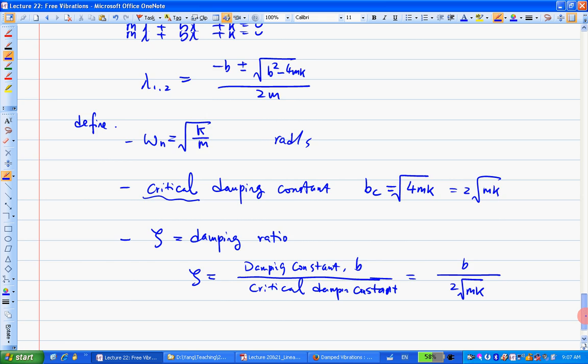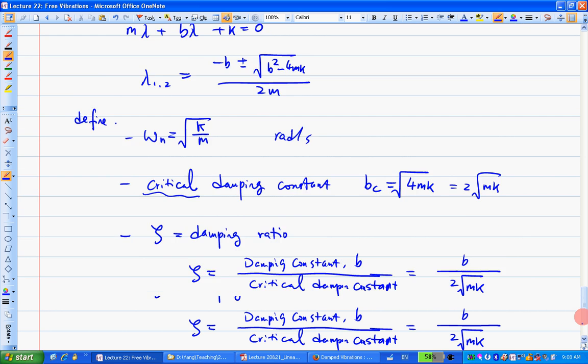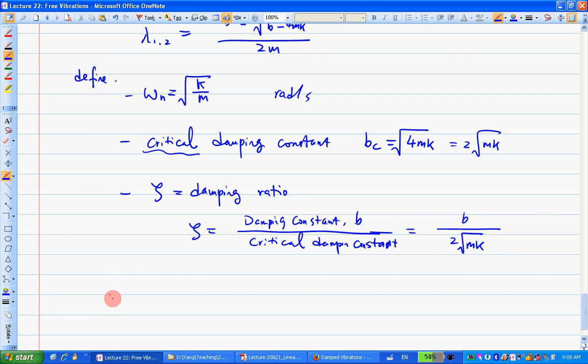Instead of writing m lambda squared plus b lambda plus k, if I divide by m, then this is lambda squared plus b over m lambda plus k over m equal to 0. I can rewrite this using the new definition of omega and zeta.